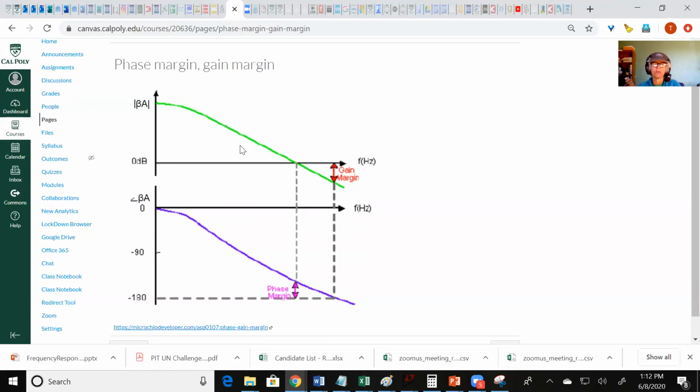The phase margin is where you get to 0 dB, you draw a line down to hit the phase, and then draw a line over, and this might be minus 150, and you look at the difference between this phase right here and 180. So it's how far away from 180 are you at this point? So again, you find 0 dB, draw a line down, and see how far away you are from 180 degrees phase shift.